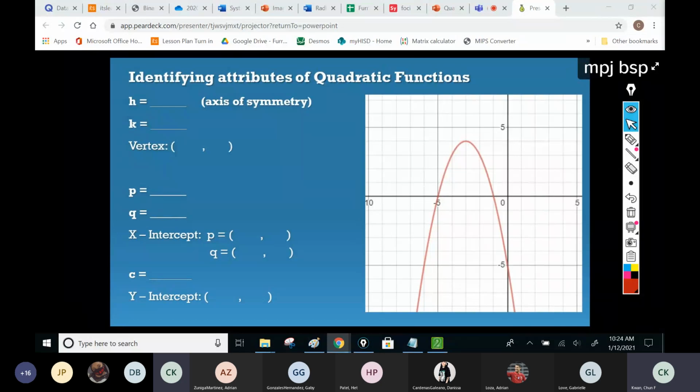I'm missing 10 students. So Gabriella, Vanessa, David, Gabriel, Adrian, Loza, Pablo. Come on, guys. Click on the link. Go to Quadratic, please.